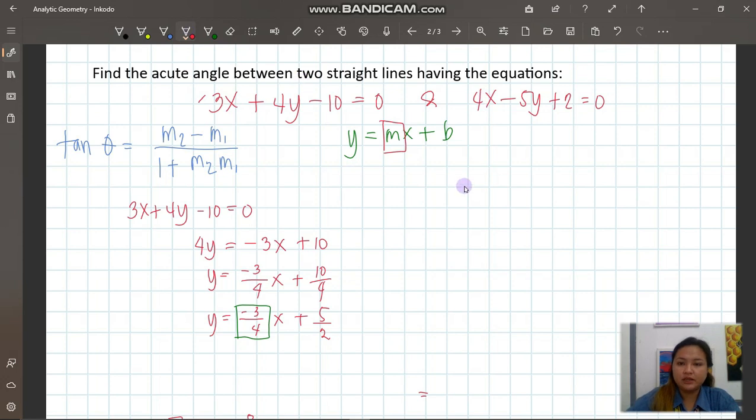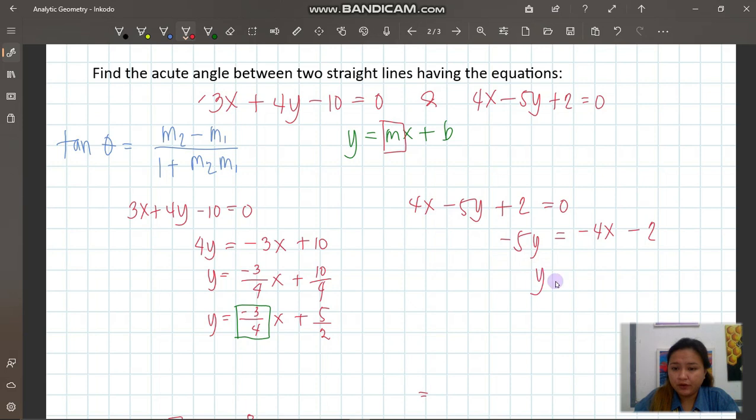Let's do the same for the other equation to find its slope. The equation now is 4x minus 5y plus 2 equals 0. Isolate y: negative 5y equals negative 4x minus 2, because these are both positive, they become negative on the other side.